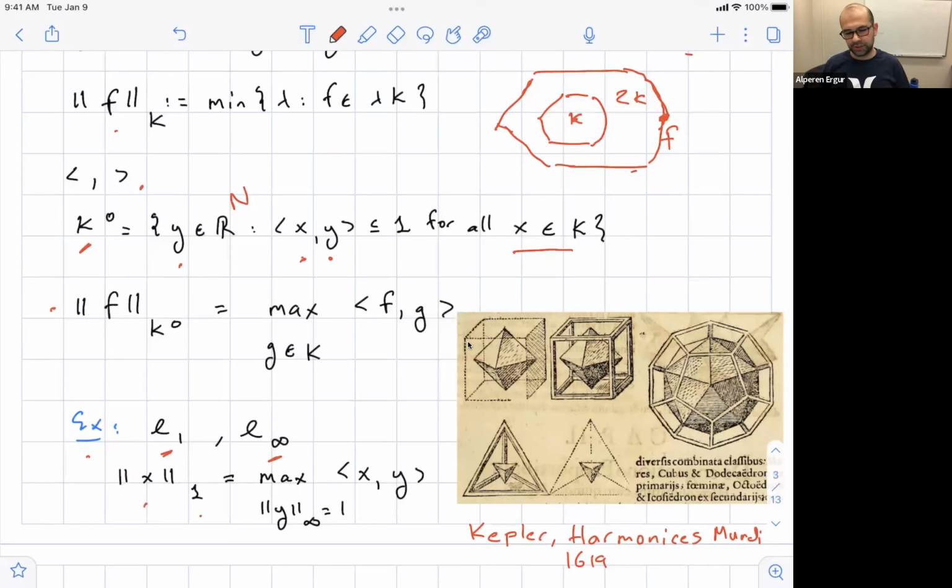And this is how it goes in general. If you want to understand the norm introduced by the polar body or dual body, you take your input F, take its inner product with G for every G in your initial body, and try to maximize it. Okay, that's basic convex geometry.